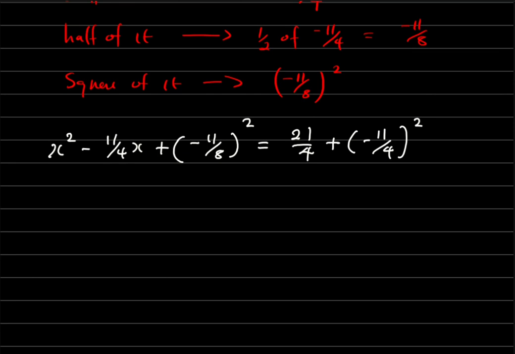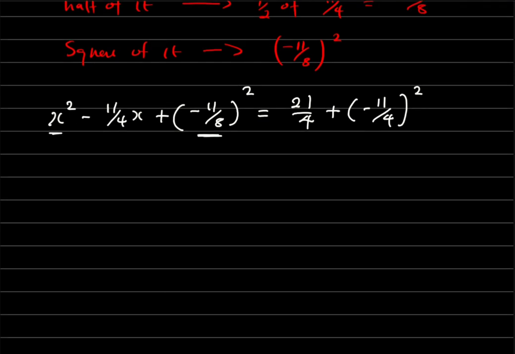What does that mean? It means that the left hand side is now a perfect square. To factorize it, you pick whatever is here, then you pick the unknown, which is x. So you have x minus 11 over 8 all squared, is equal to 21 over 4 plus, of course, this is squared.